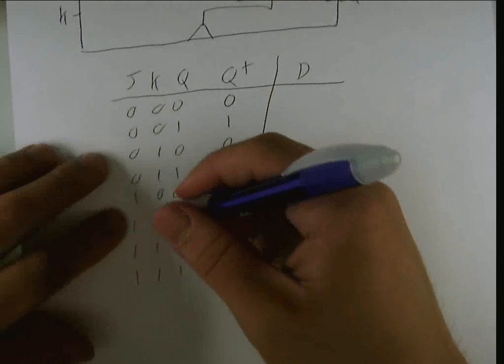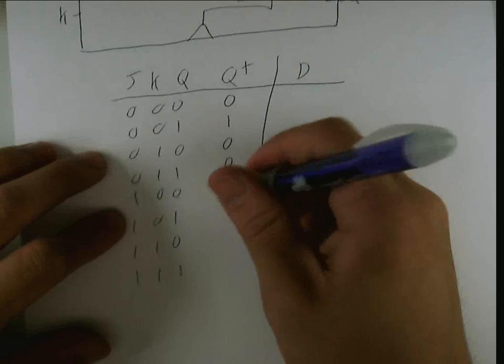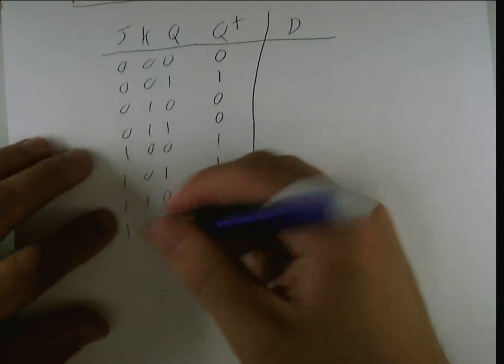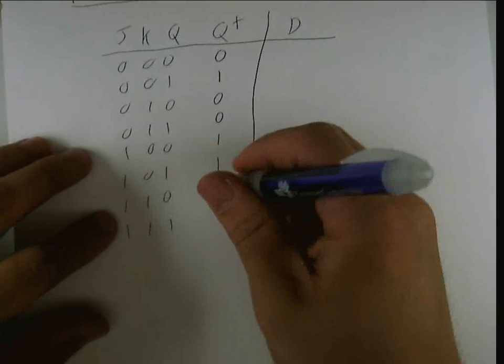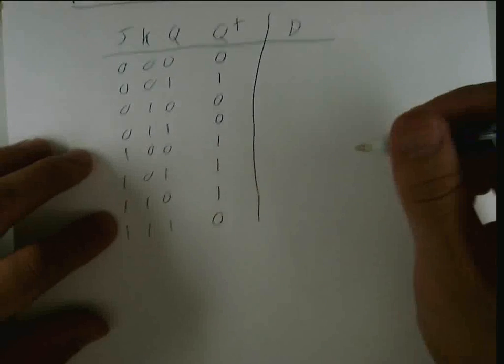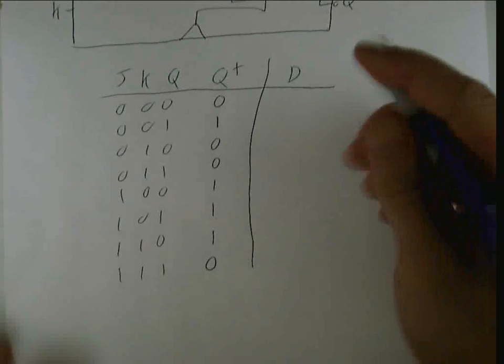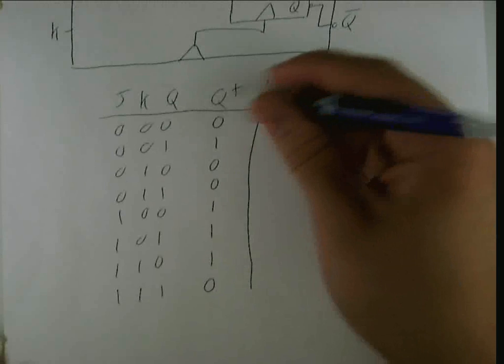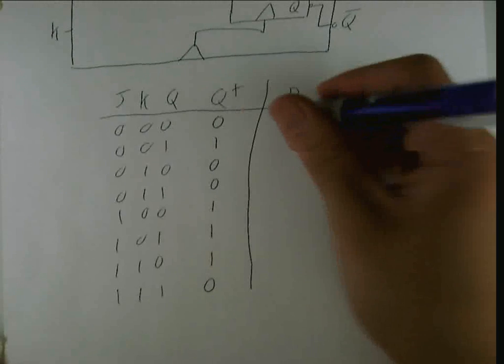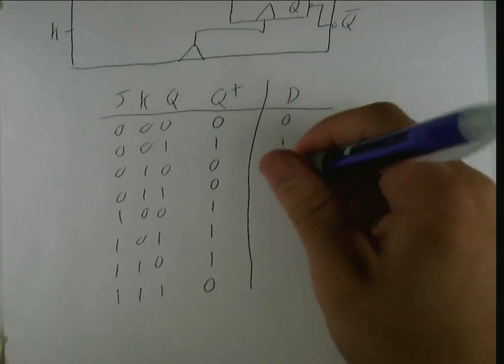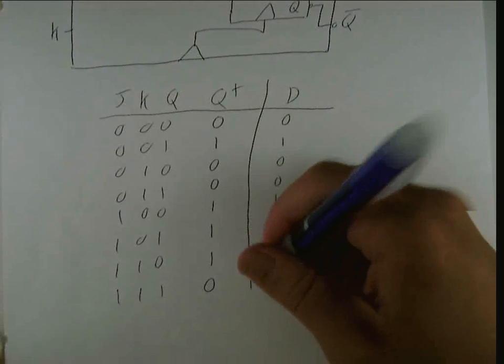These two are sets, so I will make these both 1s. And then 1, 1 is toggle, so this 0 will change to a 1, this 1 will change to a 0. And for my excitation table, D is just equal to Q plus, so I just do this exactly.